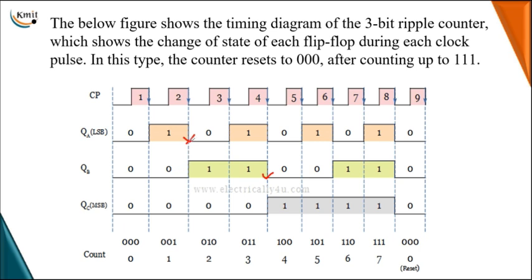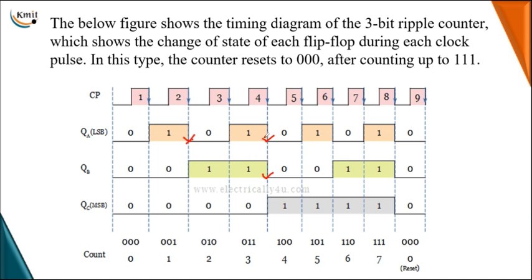Next, upon getting a falling edge from QA on the clock of the second flip-flop, this will alter the state from 0 to 1, since the JK inputs JB and KB are equal to logical 1, and this logical 1 continues till you get the next negative clock edge of the least significant bit.